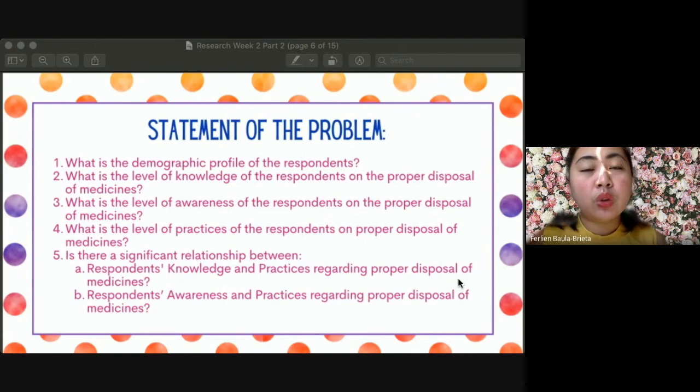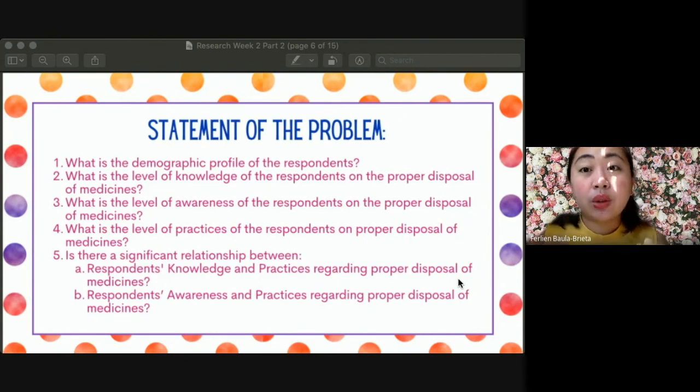Now, if you want to know the difference in knowledge, awareness, and practice between different demographic profiles, then you can also ask in the statement of the problem: is there a significant difference in the knowledge between respondents who have an academic level or diploma, or without any background in pharmacy, or whatever it is that is relevant according to your reading?